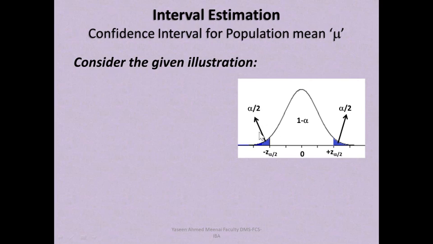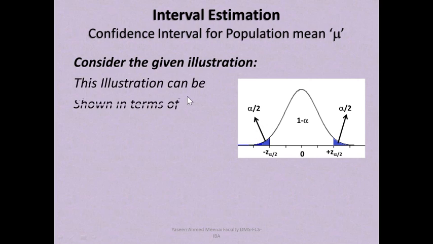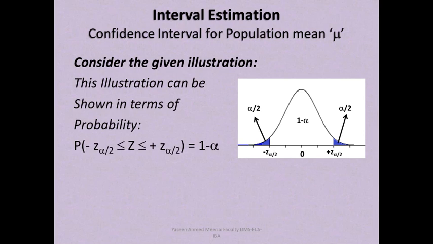This whole situation in the graph can be written as a probability: from minus z alpha by 2 up to plus z alpha by 2, the captured area between these two quantiles, as shown in the picture, is 1 minus alpha.